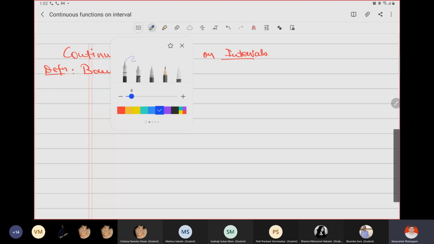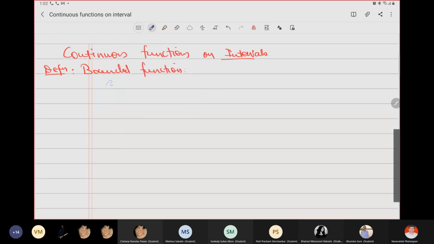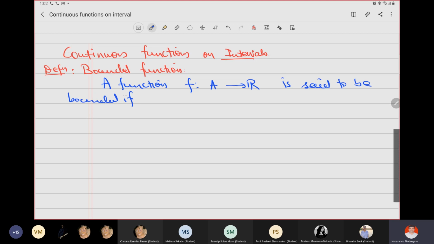What is the definition of a bounded function? A function f defined on a set A to R is said to be bounded if... What do you think should be the definition of a bounded function?